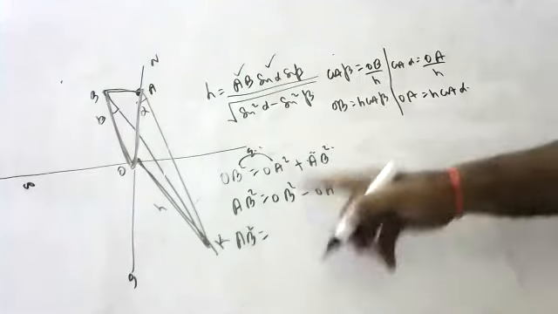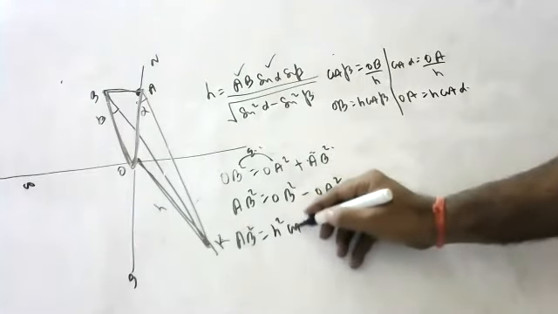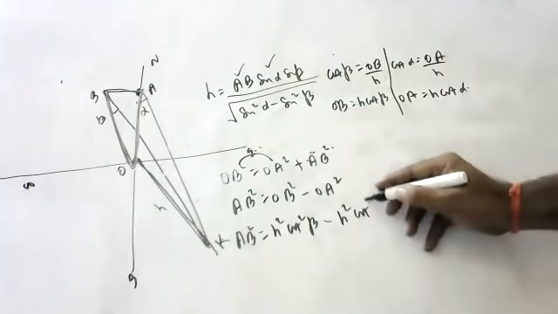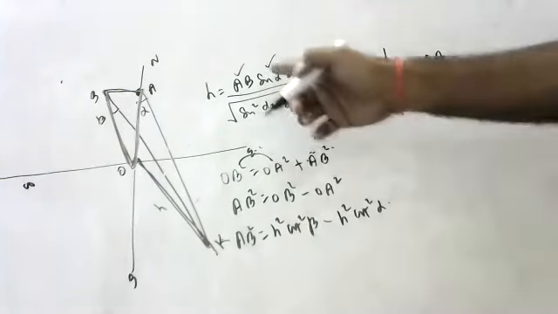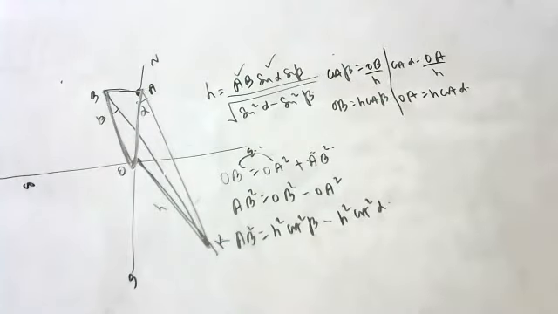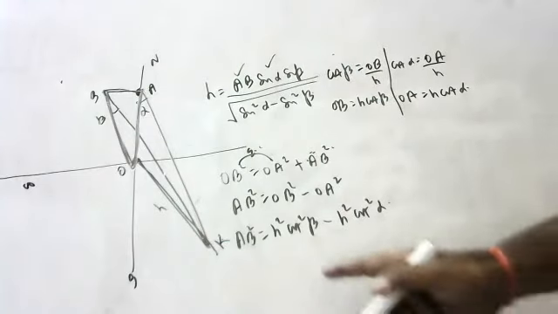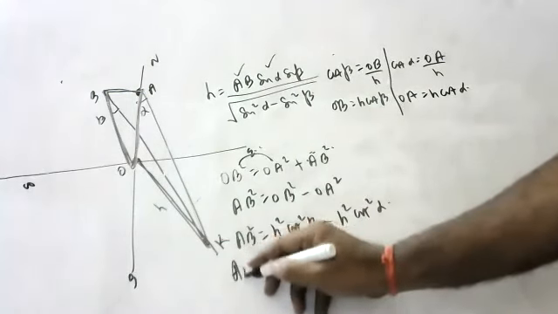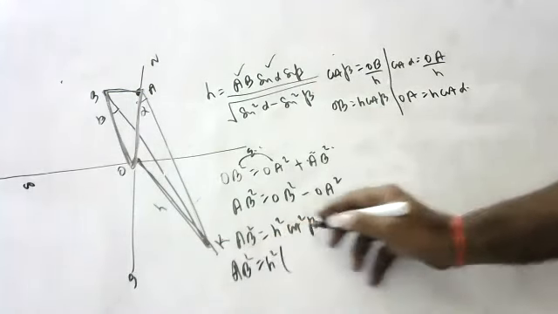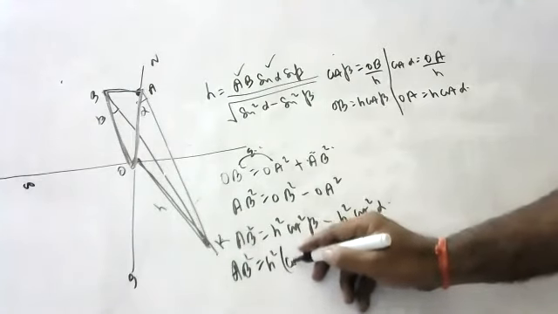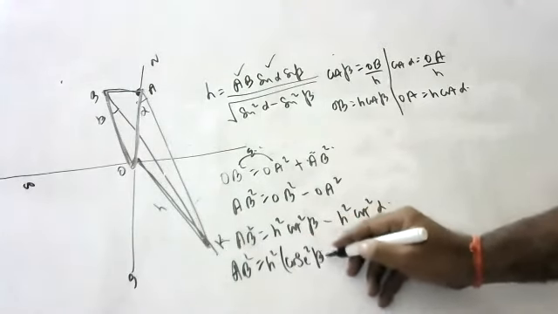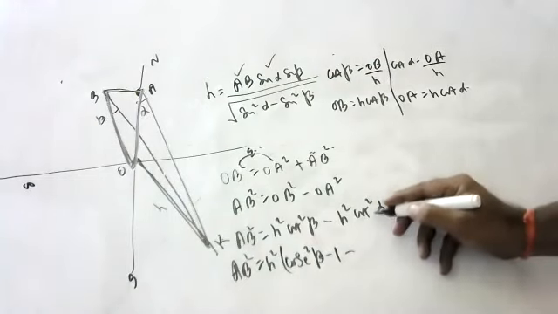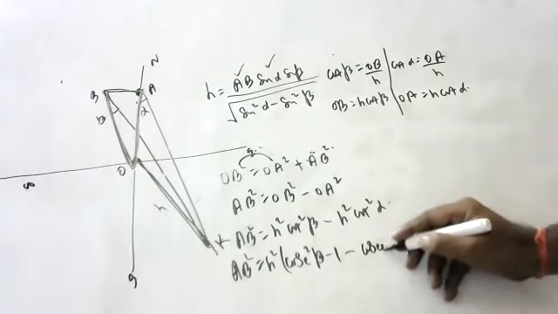Substitute both of these here, children. OB square is H square cot square beta, and OA square is H square cot square alpha. But the question has sin alpha and sin beta. That is the problem. So first, cot square beta I can write as cosecant square beta minus 1, and cot square alpha as cosecant square alpha minus 1.